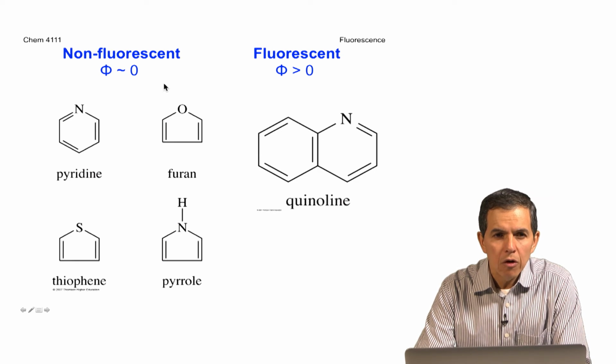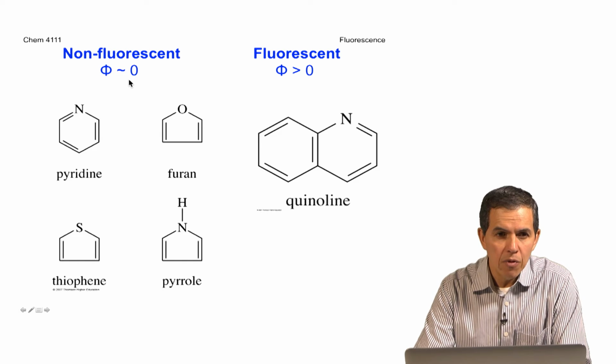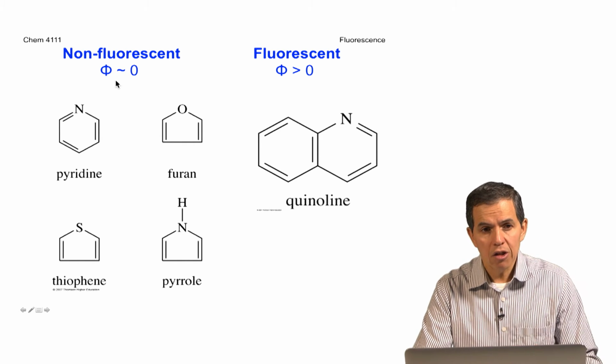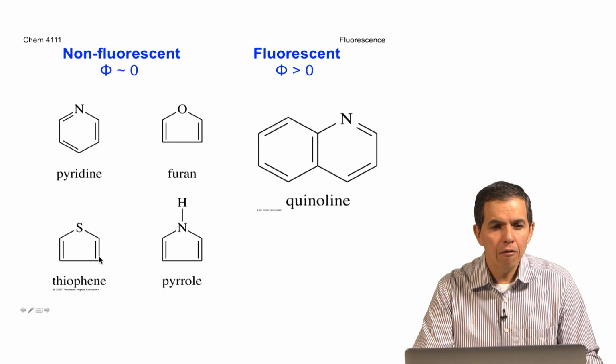Here we have examples of analytes that can be analyzed by fluorescence spectroscopy and analytes that cannot be analyzed by fluorescence spectroscopy. Those that have a low quantum yield, close to 0, are deemed non-fluorescent and usually cannot be analyzed by fluorescence spectroscopy. Here we have pyridine, furan, pyrrole, and thiophene, and as we can see, their structures are relatively simple.